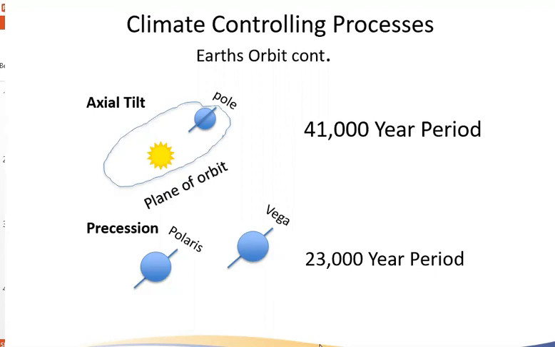Okay, so this axial tilt varies, as you can see, on a cycle of about 41,000 years. The tilt is believed to have been caused by Earth's collision with another protoplanet, about the size of Mars, that occurred about 4.3 billion years ago.